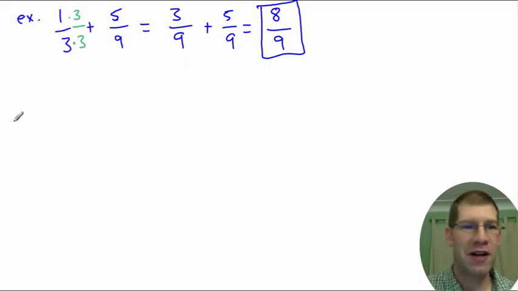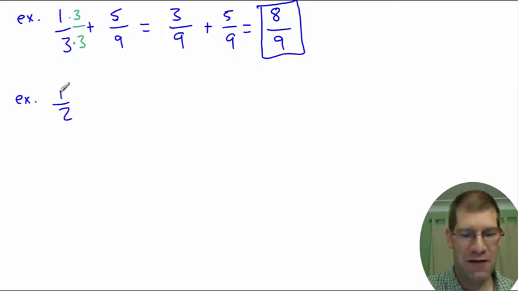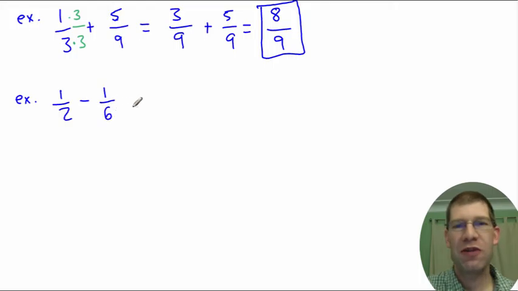That's reduced. My second example is going to be similar, but I'm going to say it's 1/2 minus 1/6. So it's subtraction this time, but we're going to do the same series of steps. We don't have common denominators yet. Easiest is to change the small one to a larger one. So what do I multiply 2 by to get my 6? I multiply it by 3 again. And if I multiply the denominator by 3, I need to multiply the numerator by 3.